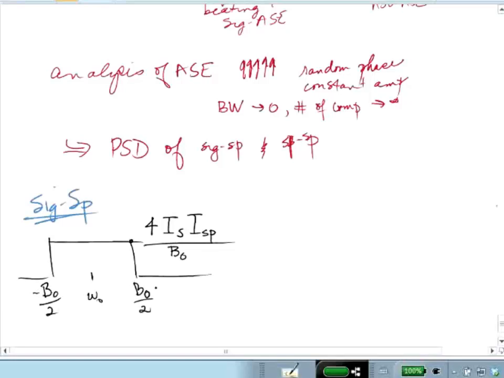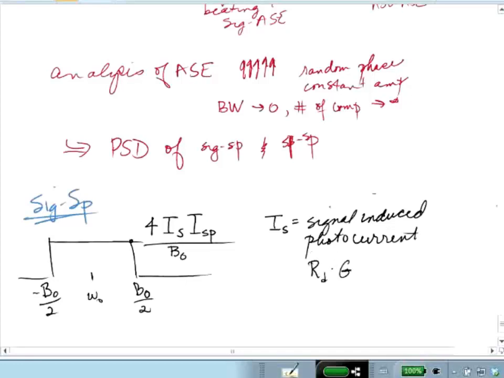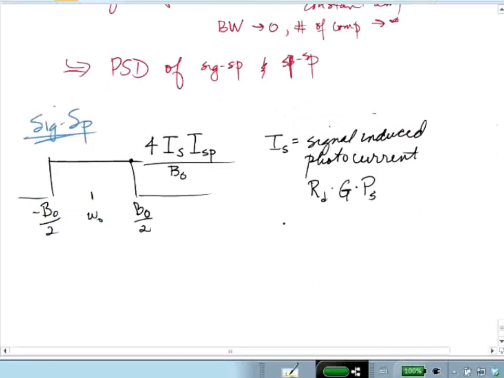So it's as wide as the optical signal bandwidth centered at the carrier frequency for the signal, and the signal-induced photocurrent is given by R_D times G times the power of the signal.